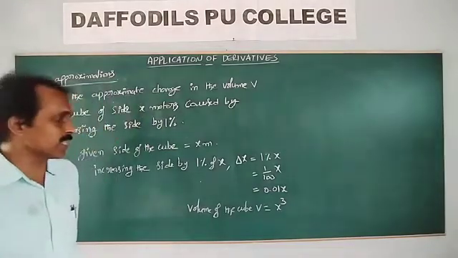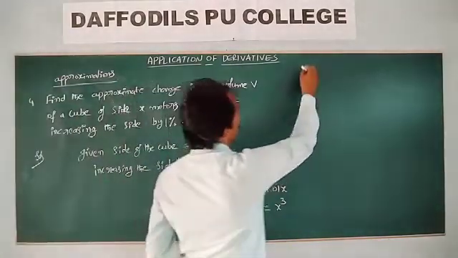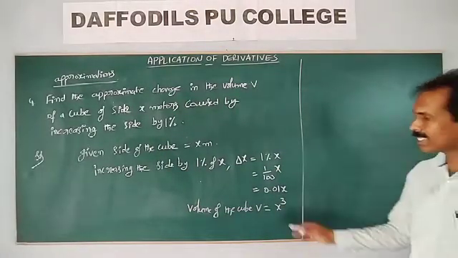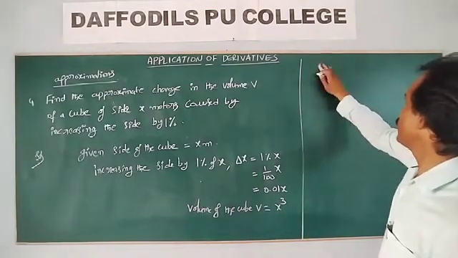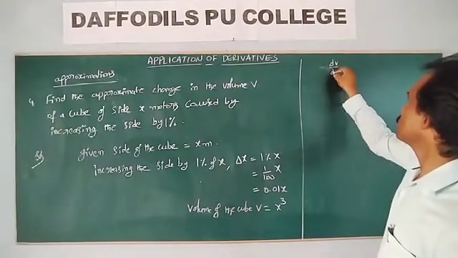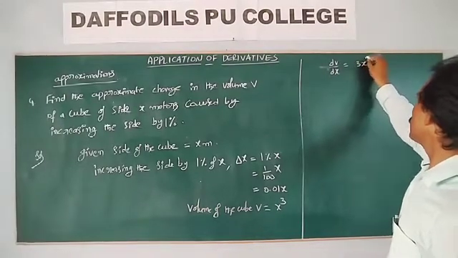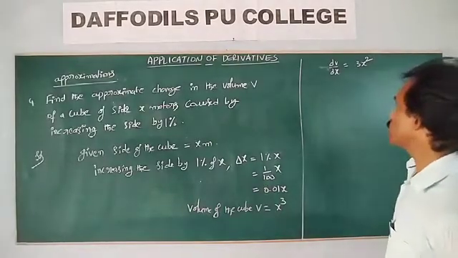Side a means a cube, like that. Volume of the cube is equal to x cube. Differentiate with respect to x. dv by dx is equal to 3x square.